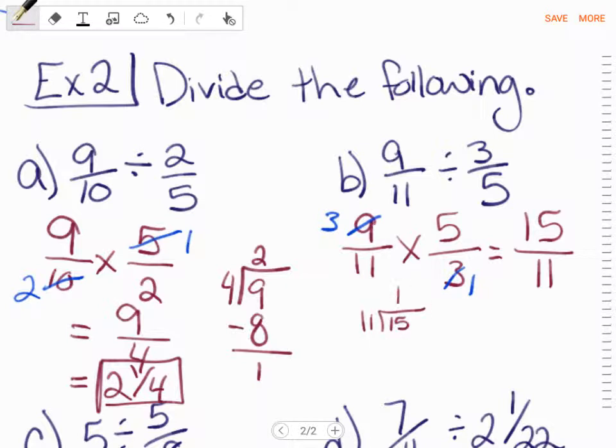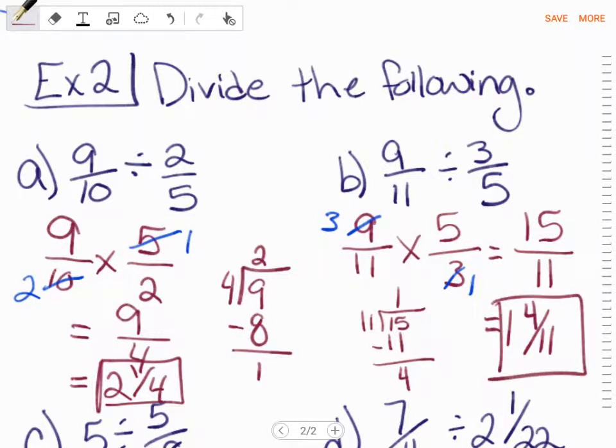It goes into 15 1 time. 1 times 11 gives me 11, and I subtract and I have 4 left over. So this improper fraction can also be written as 1 whole, because 11 went into there 1 whole time, and 4 out of 11 are left over. So 1 and 4/11ths.